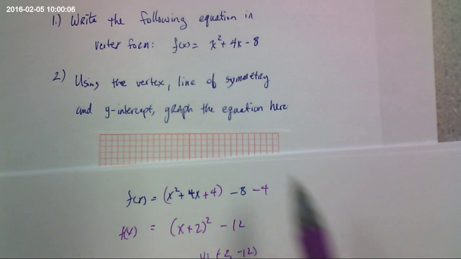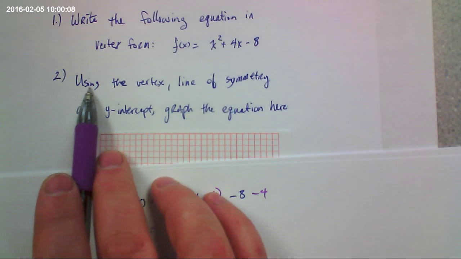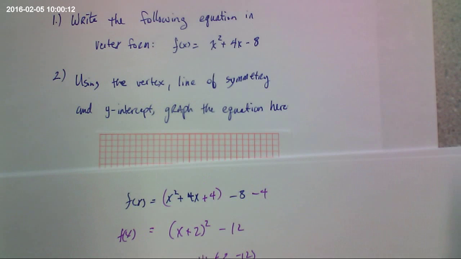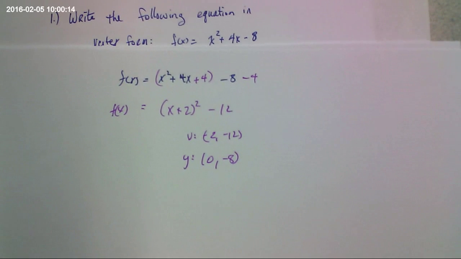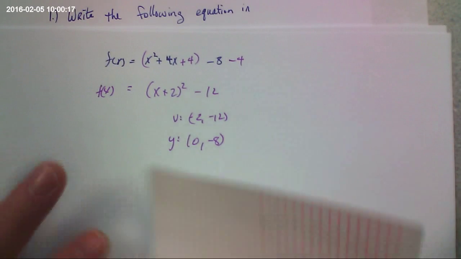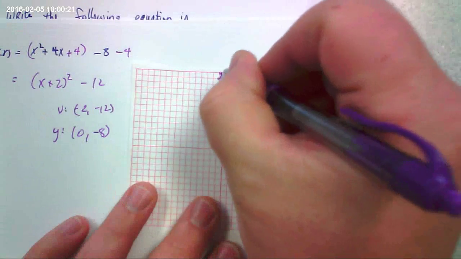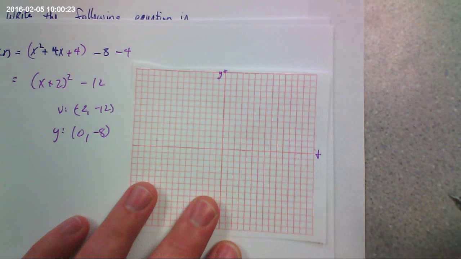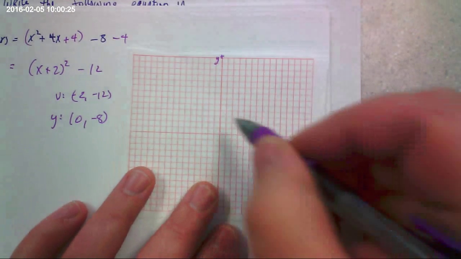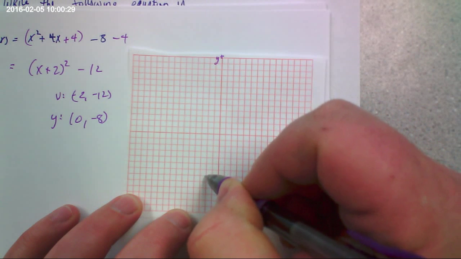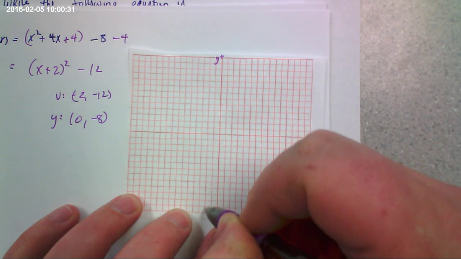Okay, so then let's see, I've got, alright, so using the vertex, line of symmetry, and y-intercept, so we have to graph it now. So I got some fancy graph paper right here. Ready? Let's do y is positive over here, x is positive over there. So, -2, 1, 2, -12, 1, 2, 3, 4, 5, 6, 7, 8, 9, 10, 11.